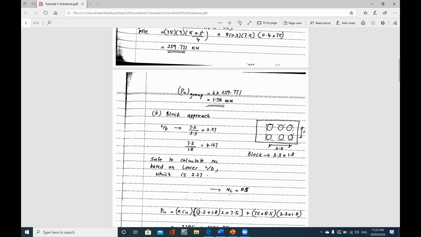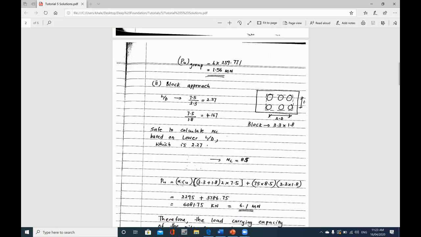So the value of NC here, we found it from the chart. It's the same chart we used in the last two tutorials. That will be 8.5. And then we need to put everything back into the equations. The PU will be equivalent to alpha, which is 0.4, multiplied by the CU, which is 75 kilopascal, multiplied by the shaft area, which is the perimeter area, 3.3 plus 3.3 plus 1.8 plus 1.8, so that's 3.3 plus 1.8 multiplied by 2.